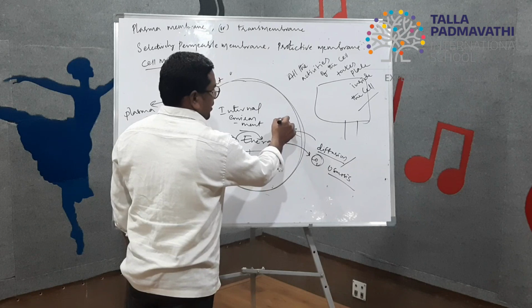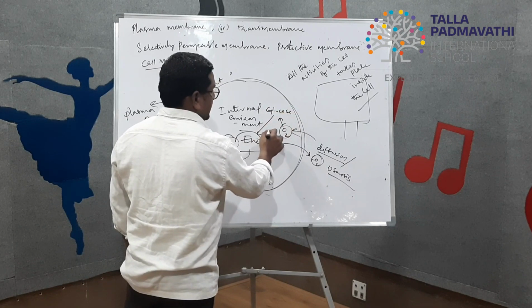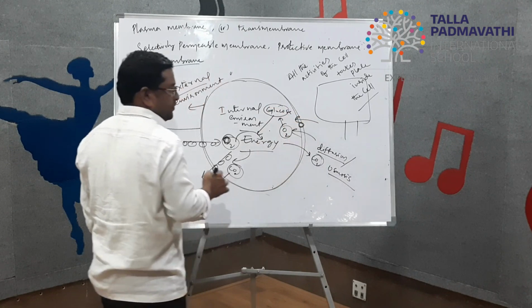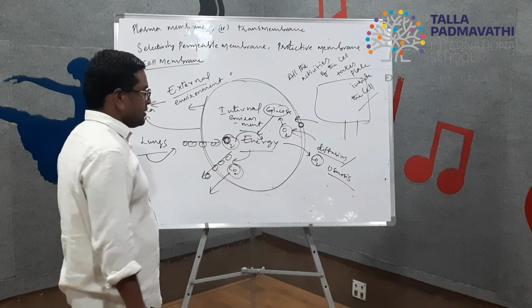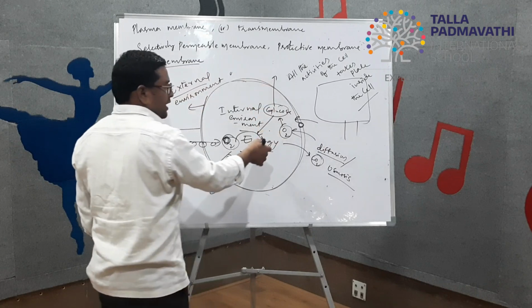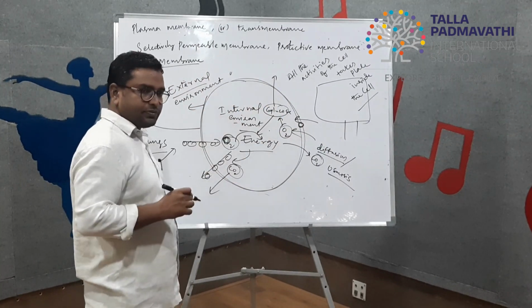This oxygen combines with glucose to produce energy. This glucose also entered the cell by diffusion and osmosis, with the help of the plasma membrane.